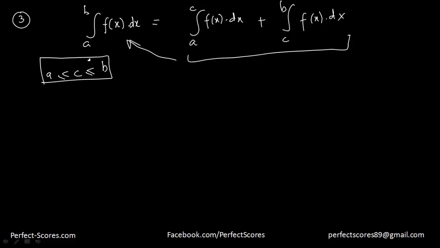So I'm going to repeat again: if there is a value c between a and b, then the definite integral from a to b is equal to the sum of the definite integrals from a to c and c to b.